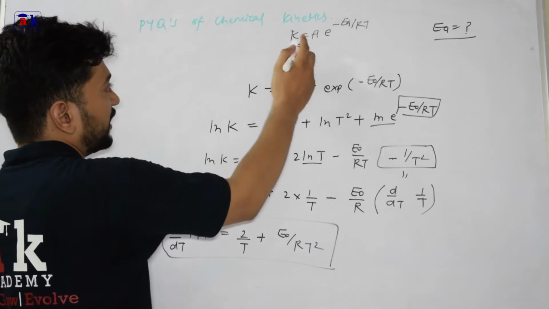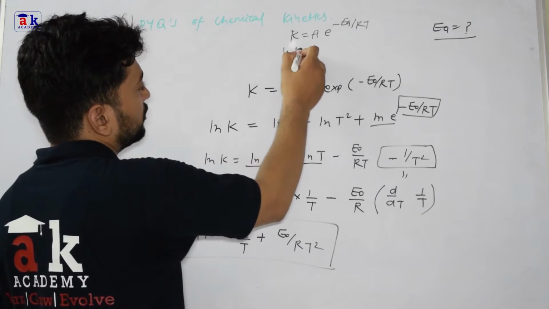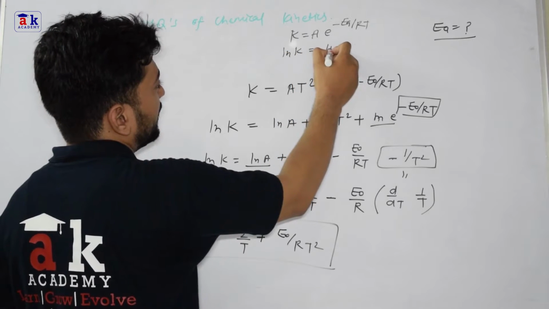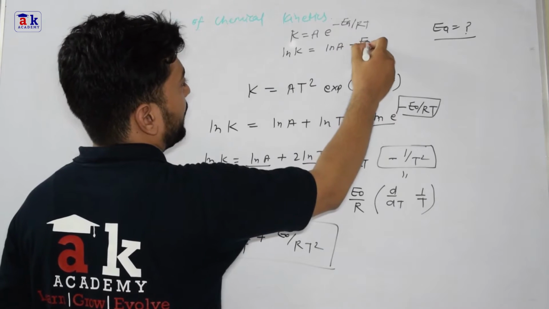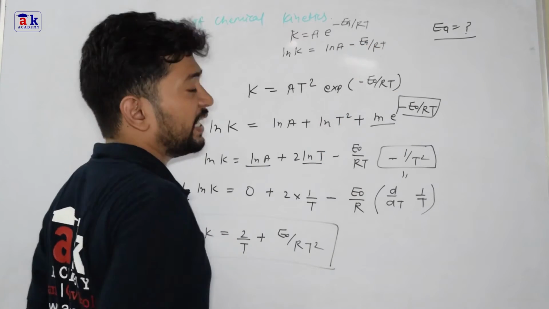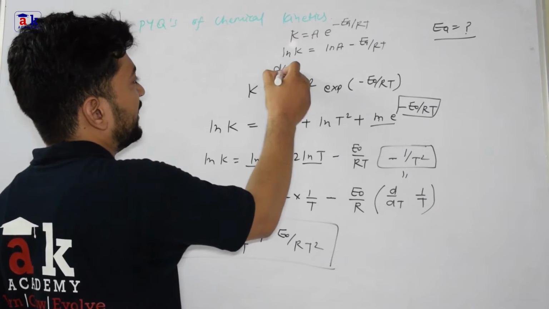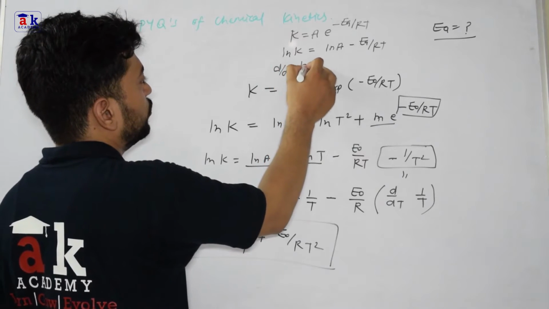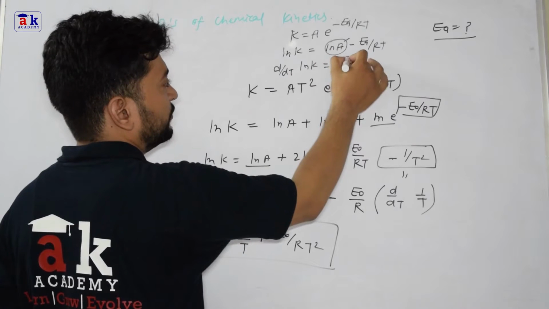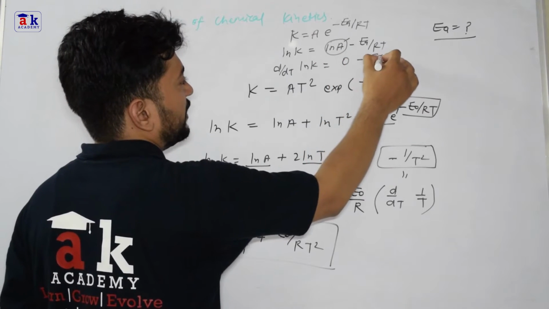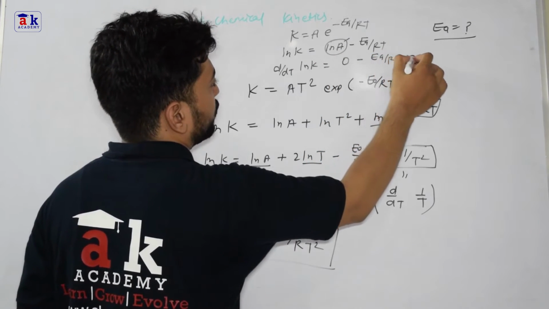So here we can take ln also. So this will become ln K = ln A − Ea/RT, and d/dT ln K will be equal to, ln A will become 0, here we will have Ea/RT².